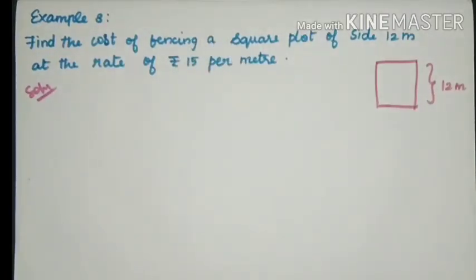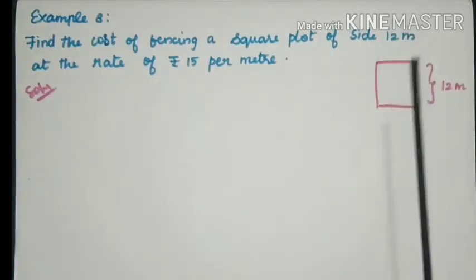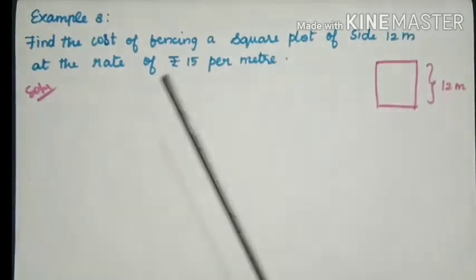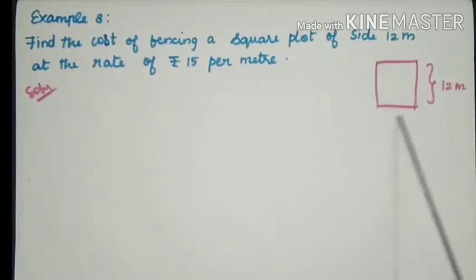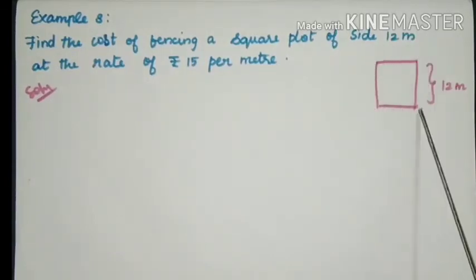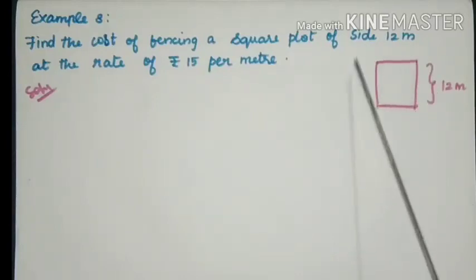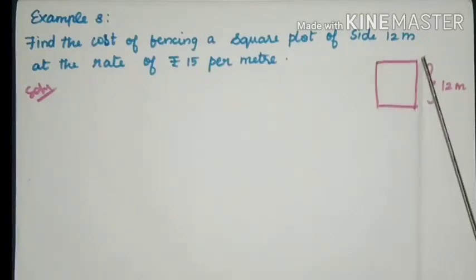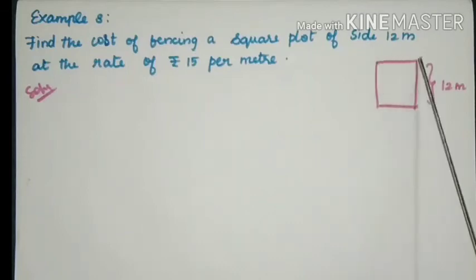For that, first we have to find the perimeter of the square plot, because to find the cost of fencing, what do we have to find? Area or perimeter? Yes, the length of the boundaries is called perimeter. So, to find the cost of fencing a square plot, we have to find the perimeter, not area.